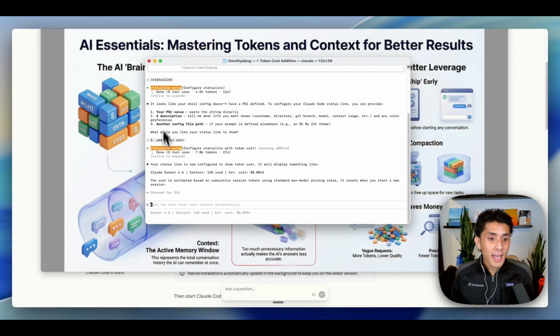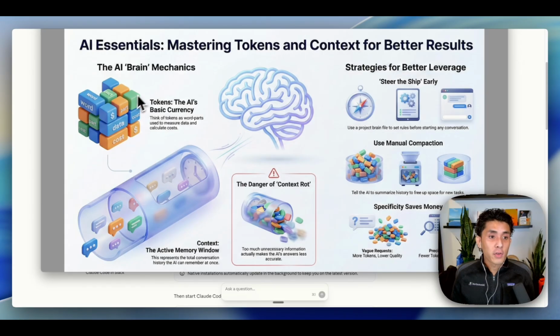So for this ask that I was using Claude Code to set up our status line, that costed, I think, 4/10 of a cent. And this gives you a great view into how much you're actually spending when using these LLMs. Now, this is fundamentally important because the more that you can efficiently use tokens in AI, the better you will get at saving money with everything that you're using.